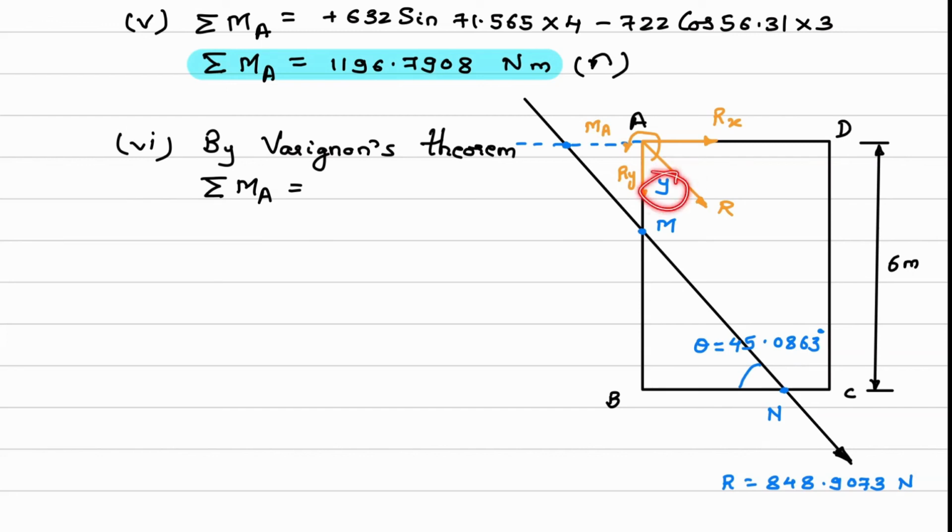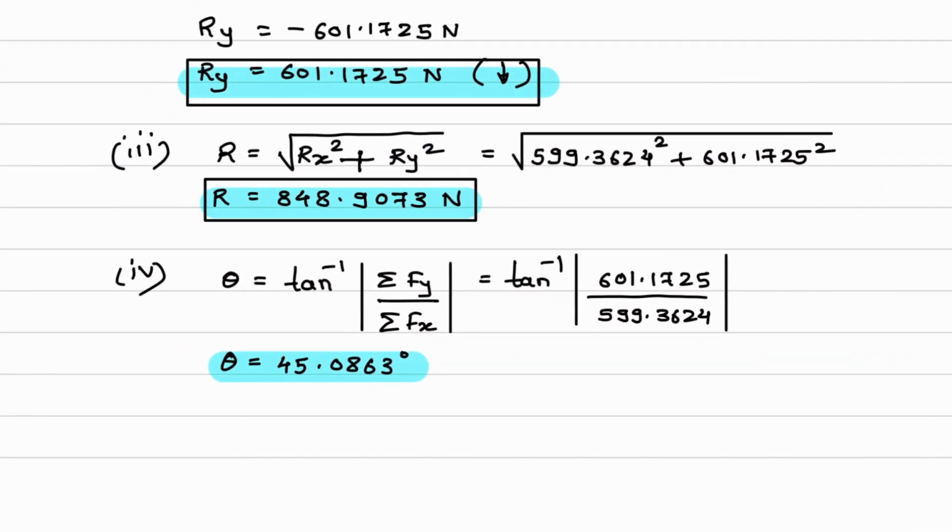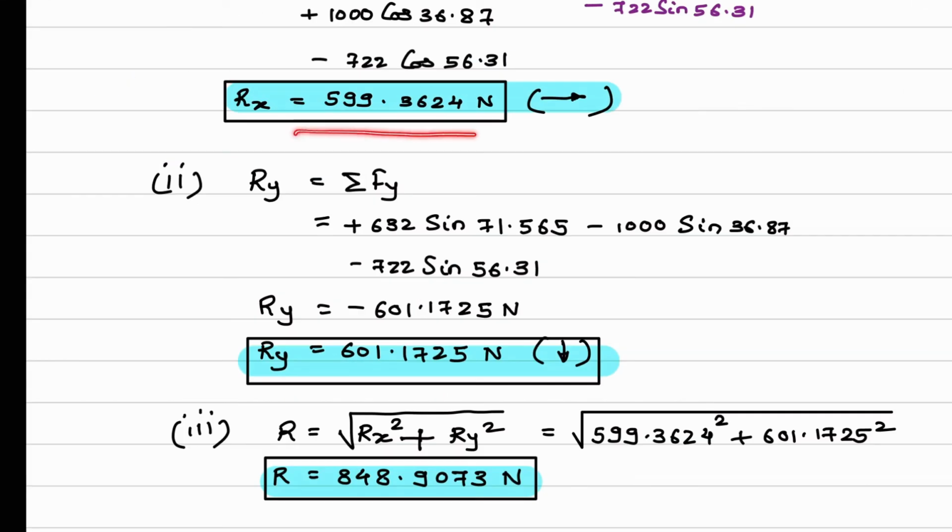So how to calculate this? It will be summation Fx into y. So write down summation Fx into y. Now the summation of moment we have calculated is 1196.7908, which is equal to the summation of Fx, which we also calculated. What is the value? It is 599.3624.